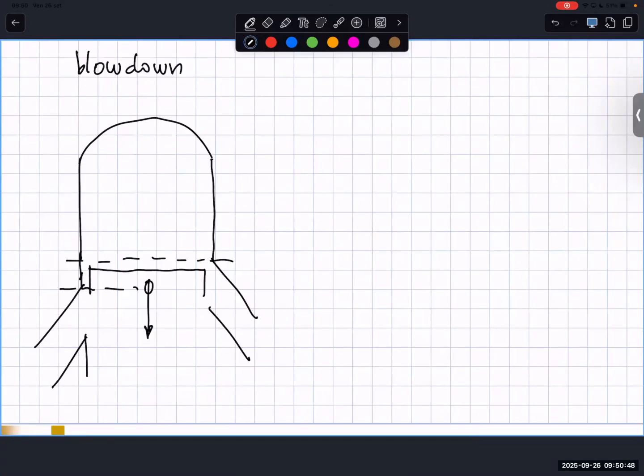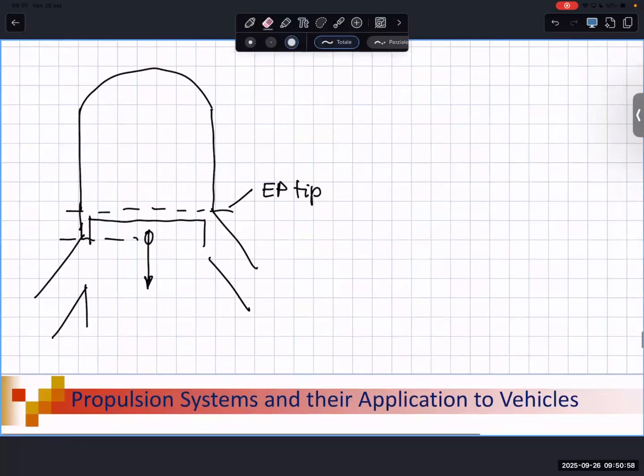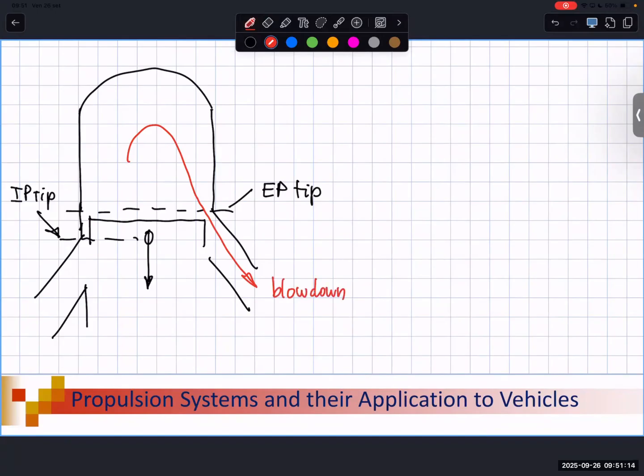This is the height of the exhaust port, let me say exhaust port tip, and here you have the intake port tip. So the piston is going down, and here you can have blowdown correctly through the exhaust port. Okay, this is what you want.